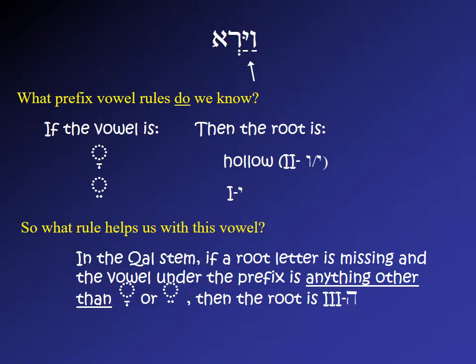So, a first nun root, I'm thinking of the dagesh, is still indicating that there's a nun there. So this does not include first nuns. So in the qal stem, if a root letter is missing and the vowel under the prefix is anything other than qamets or tzere, then the root is a third hey.